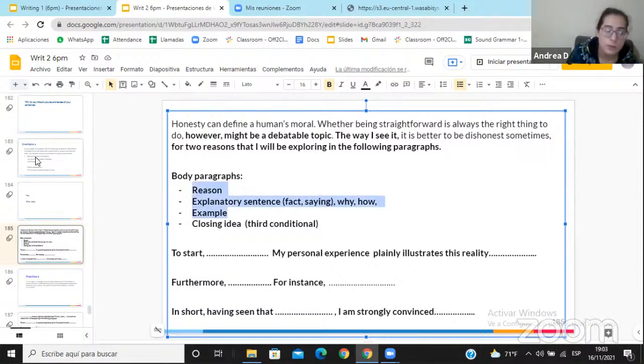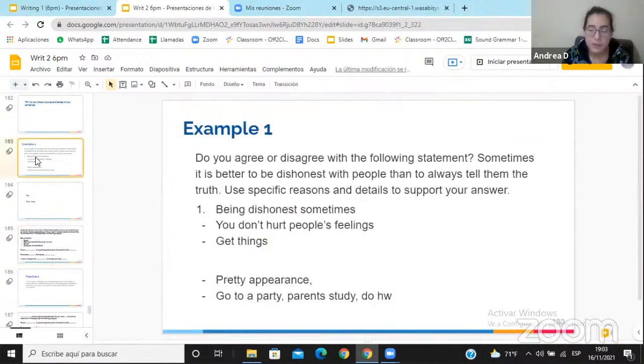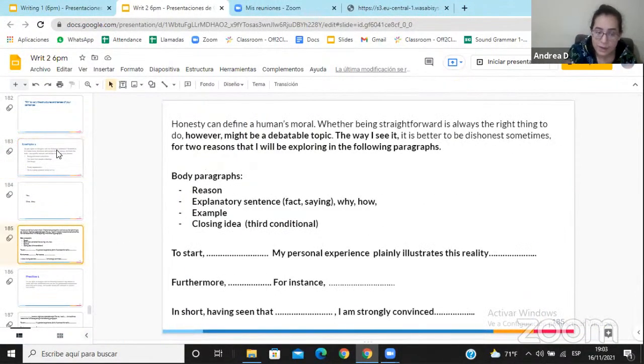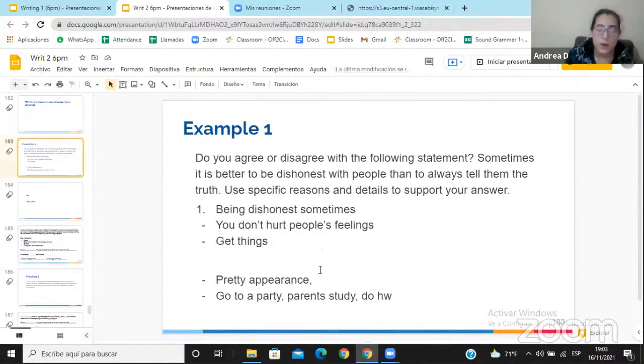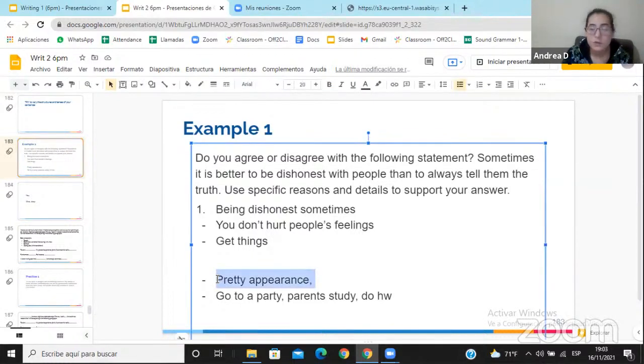If you're talking about other people's feelings, then that needs to be it. You cannot start talking about getting things for yourself, for example. So your example needs to illustrate that. It needs to be about how you lie to a specific person, like family or friends, about a specific thing, maybe appearances, in order not to hurt their feelings.